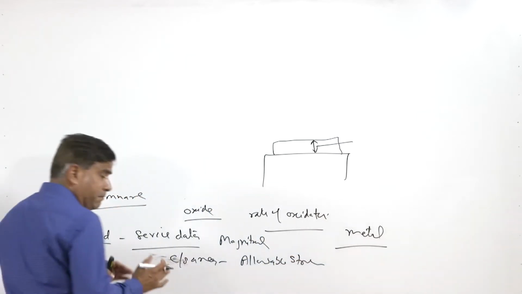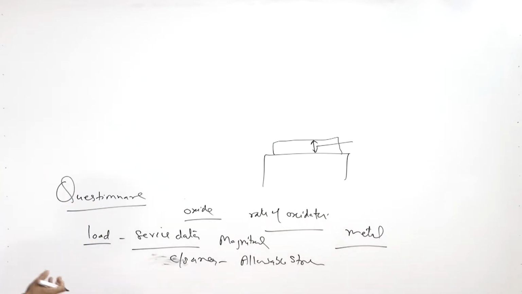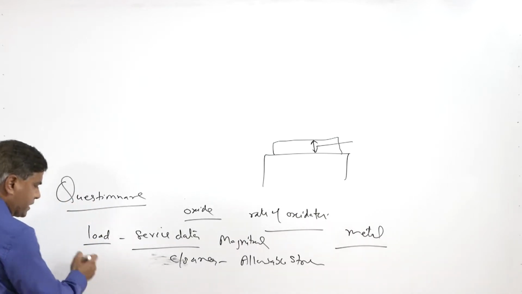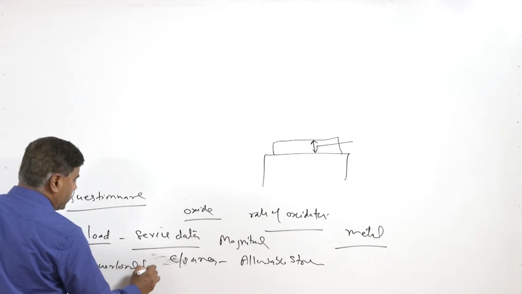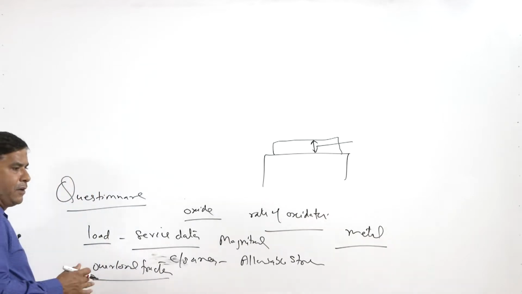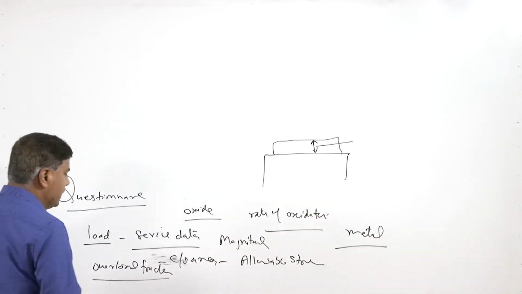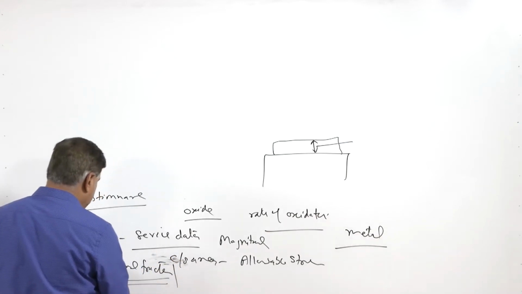But sometimes by seeing the fracture surface, especially the microscopy of the fracture surfaces, there are certain features which indicate if there has been overload fracture. If accidental or abnormal loading has taken place and caused the fracture, that also can be identified.